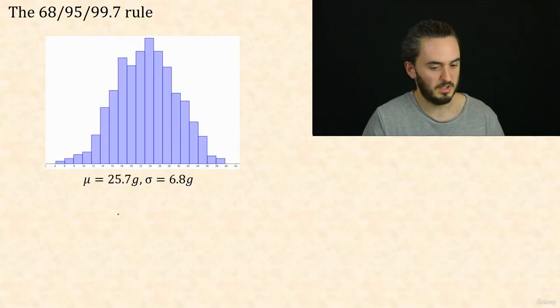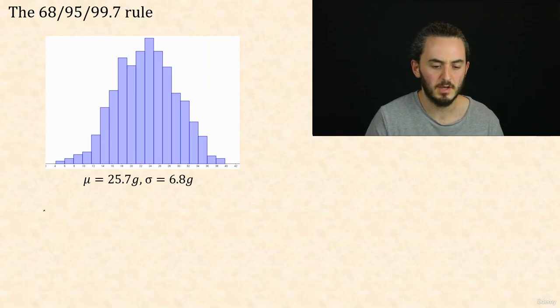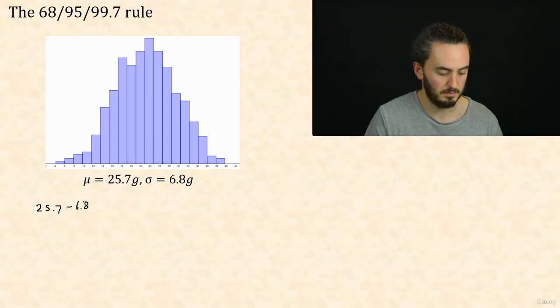Okay, so that first question I asked my students, I say, what fraction of your data is within one standard deviation of the mean? So what does that mean? Well, it means if we go one standard deviation down, that's 25.7 minus 6.8, which is 18.9.